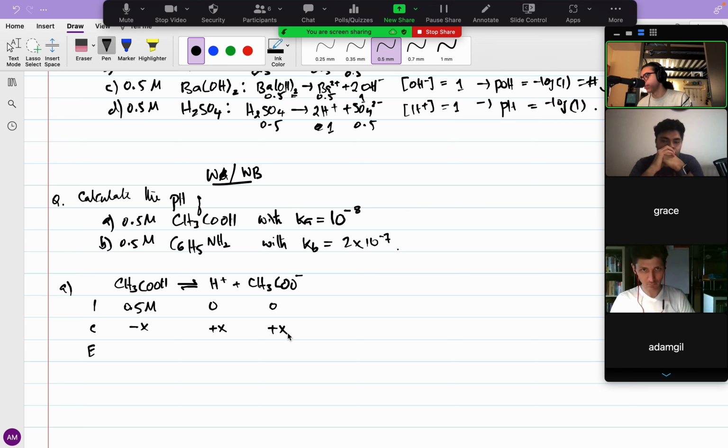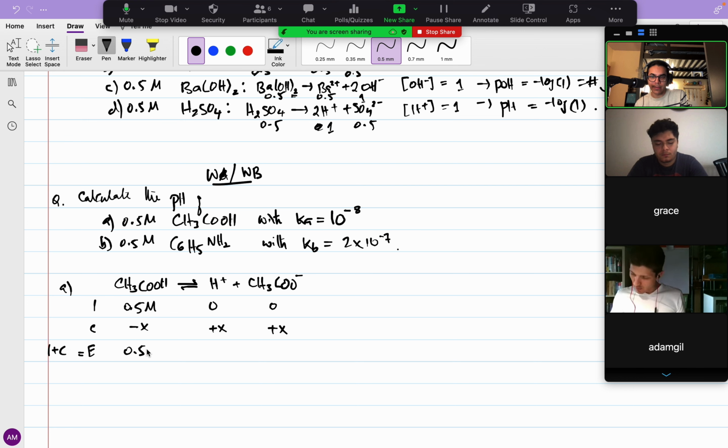The idea is very simple. In the change row, reactants get negative signs, products always get positive signs, and coefficients matter. If there are any coefficients, include them. Equilibrium is just initial plus change, so just add up the two rows.